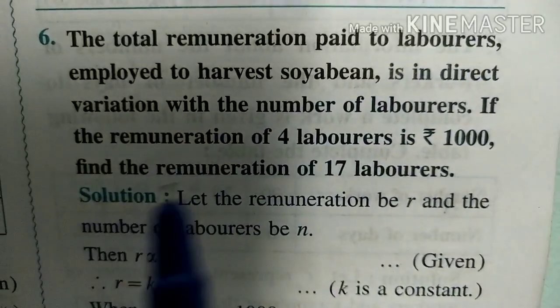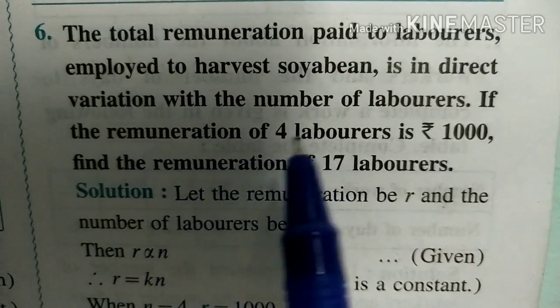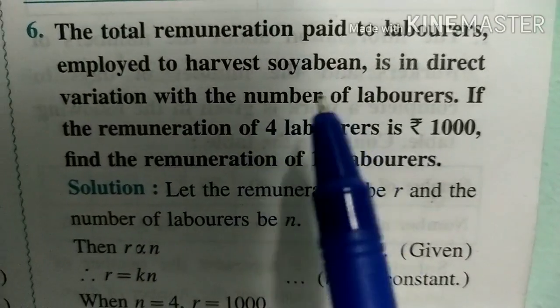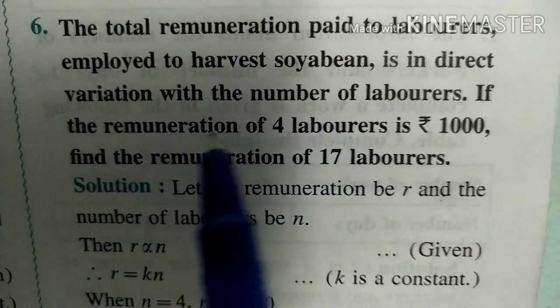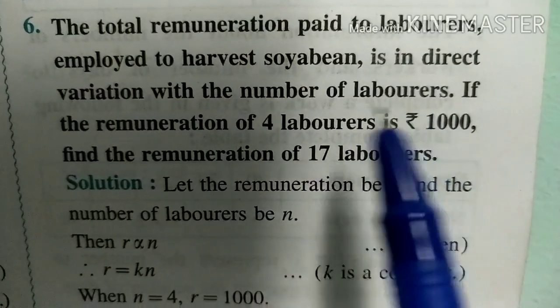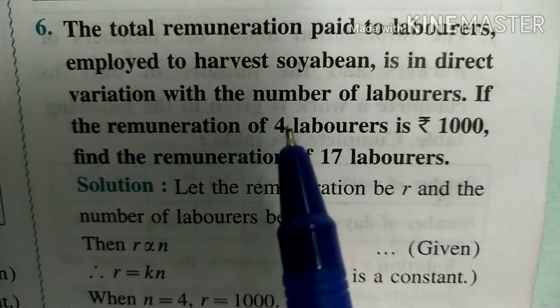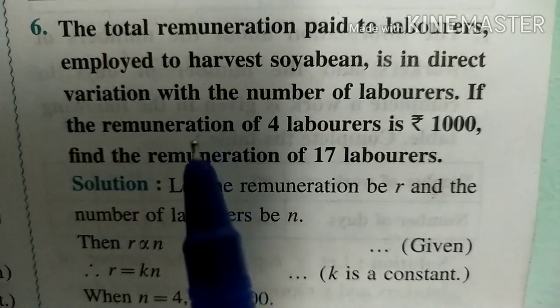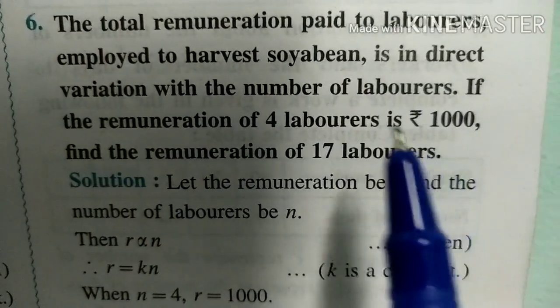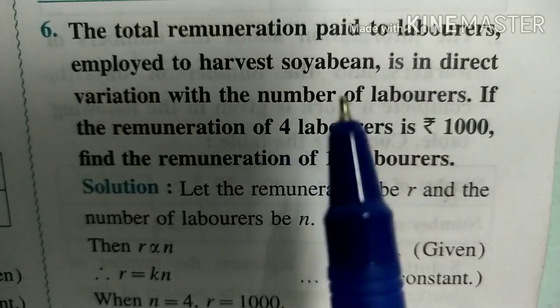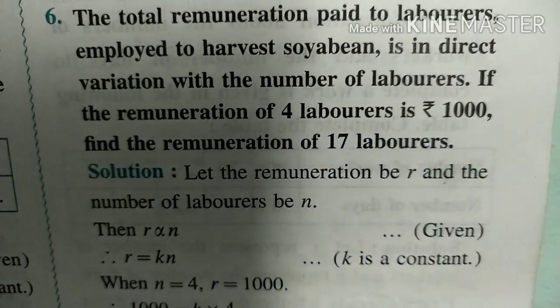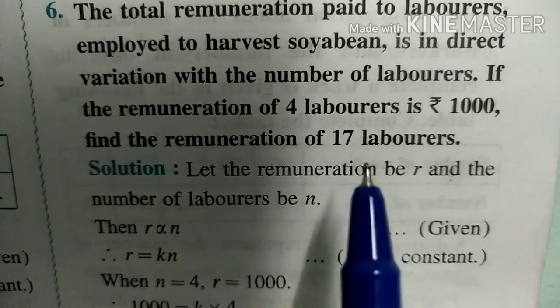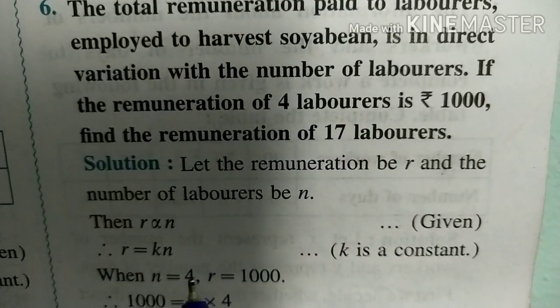Now, R is given as the remuneration of 4 laborers. So, remuneration is in rupees. Do not get confused. Do not write 4 as remuneration. Remuneration is always the money and this 4 is the number of laborers. So, remuneration is 1000 and number of laborers N is 4.